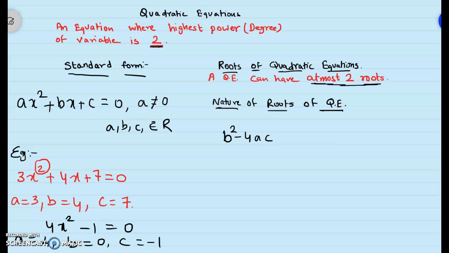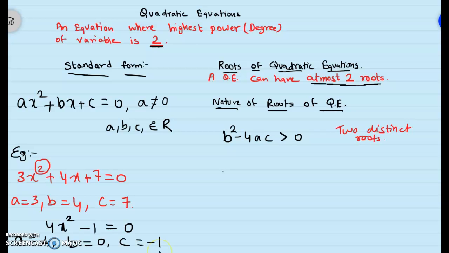If b squared minus 4ac is more than 0, that is, positive, then the given quadratic equation will have 2 distinct roots. Is that clear, guys? So by finding b squared minus 4ac, we can easily determine how many roots the quadratic equation has.